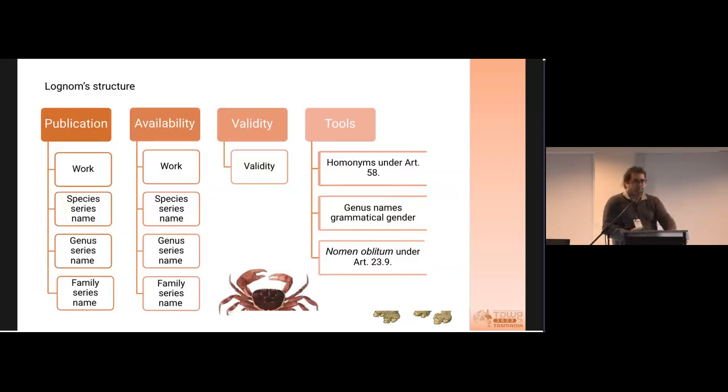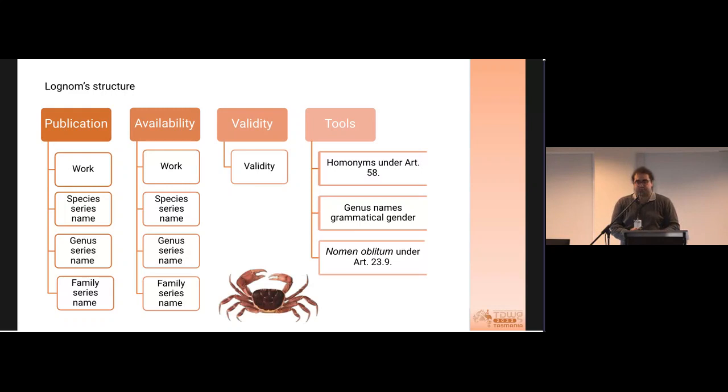To be more precise, the software is divided into 4 elements. It can verify, for a name that is not yet published, if all the elements are present to make sure that the name is available. That part is particularly useful for reviewers and editors in journals. It will also check the availability conditions on an already published name, and the validity between many names that have already been entered into the system before.